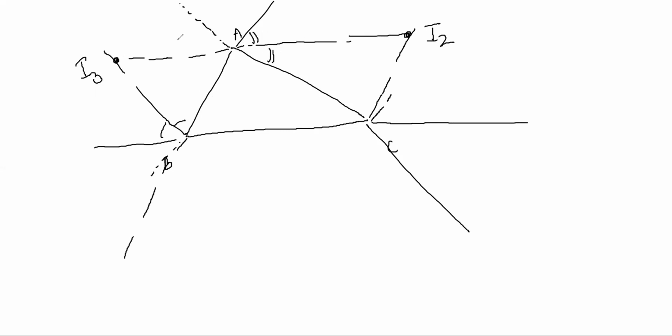I2, I3 is AI2 plus AI3. Now this perpendicular is your R2, right? AI2 is equal to, let's say this point is E2.